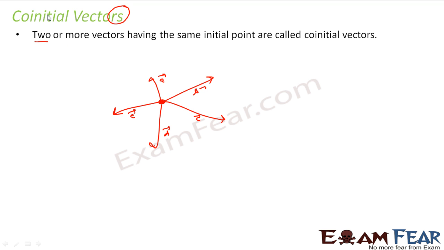Please note, coinitial means same initial. So two or more vectors having the same initial point are called coinitial vectors.